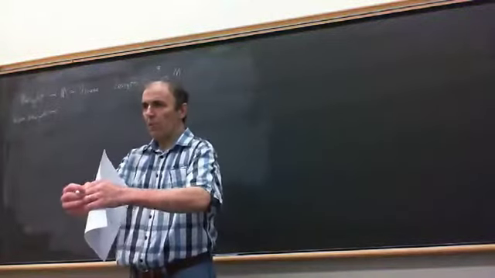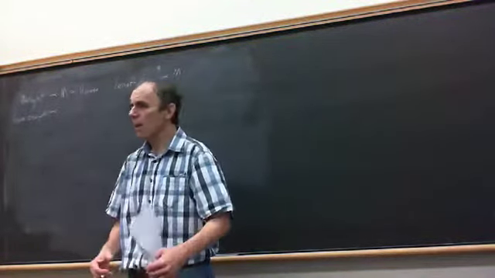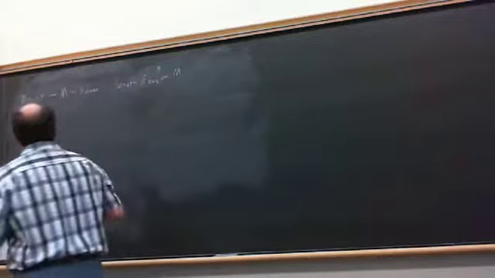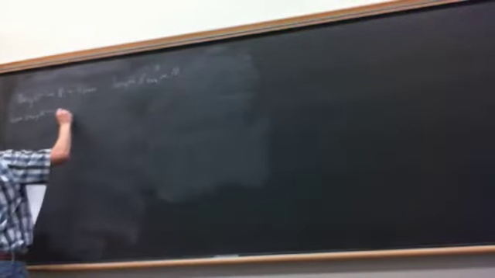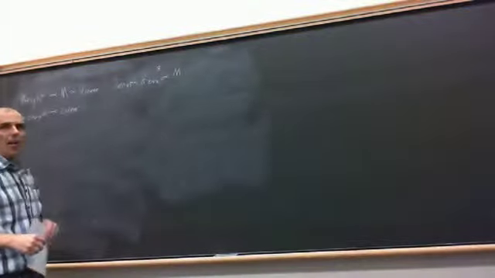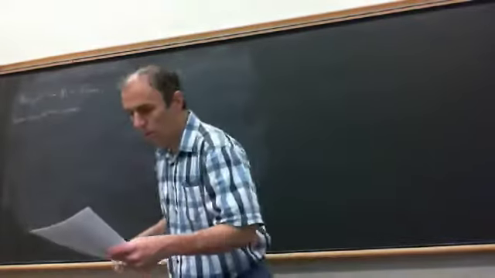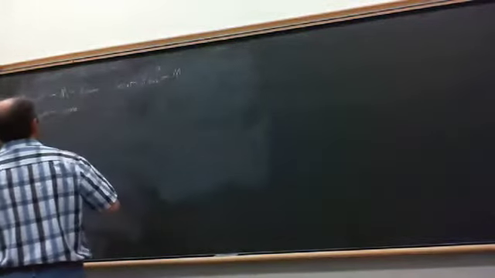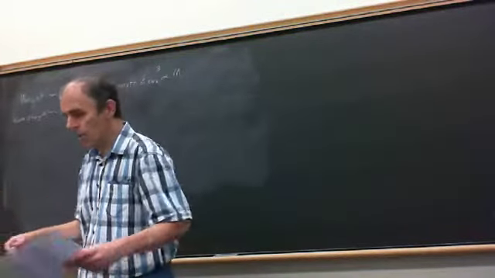And you can also make your bones thicker. So if you make your bones thicker, the bone strength is going to go as the area. And the area, if you're just scaling up the bone, is going to go as the size squared. It's kind of like a surface area.